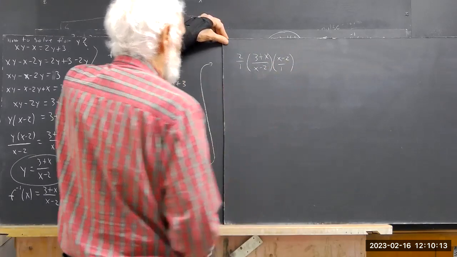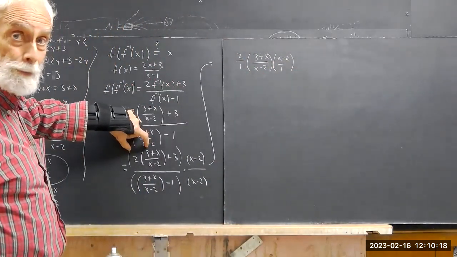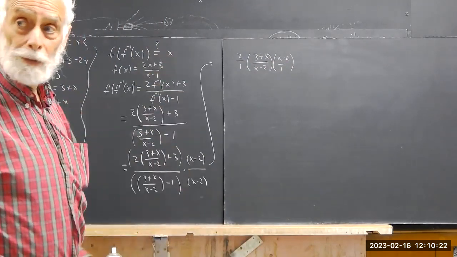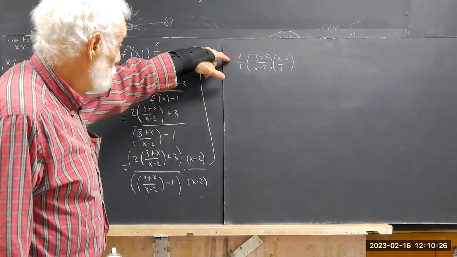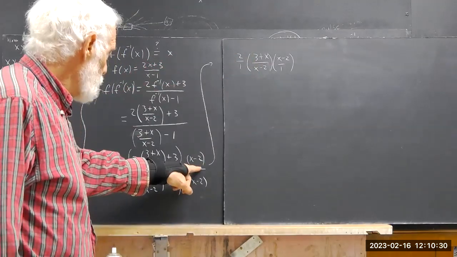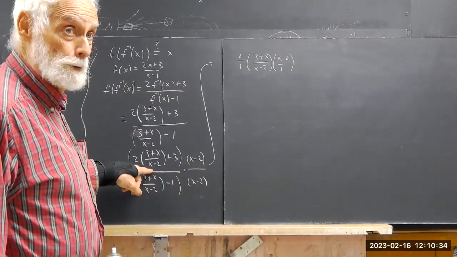I'll make that x minus 2 over 1 because it's a fraction. So all I've done is I've taken this and I've put ones under everything that doesn't already have a denominator. So I've got my 2, and I've got my 3 plus x over x minus 2, and I've multiplied it by x minus 2. So far I'm using the distributive part.